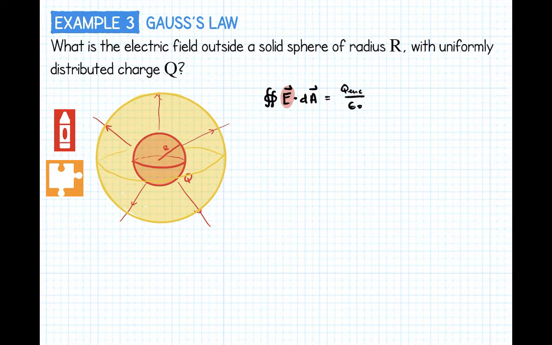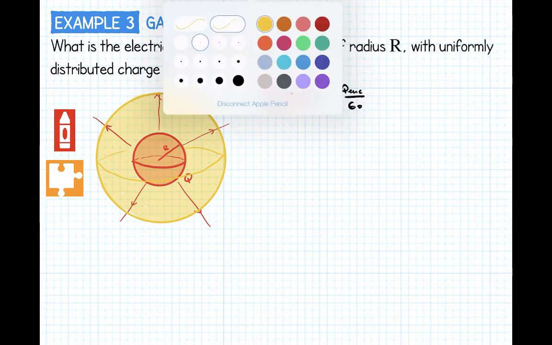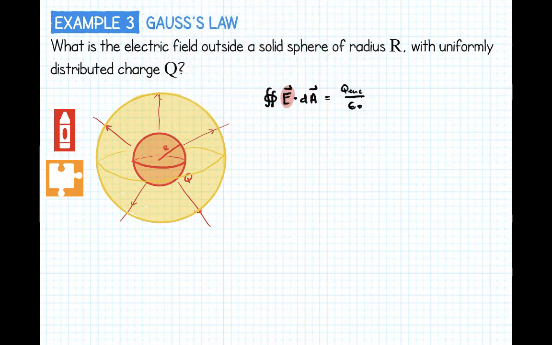It's not a solid sphere, it's just a shell of a sphere, but we know that at each point where the electric field makes contact with the sphere, we have electric field vectors that look like this.